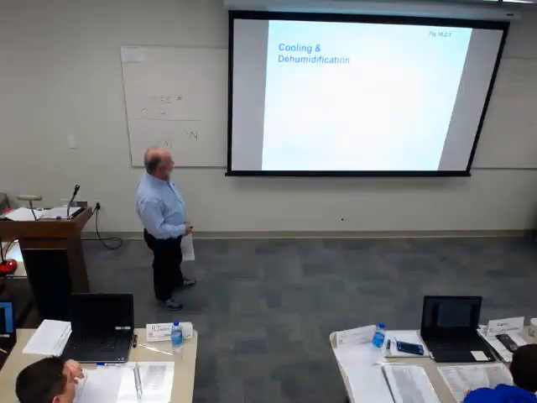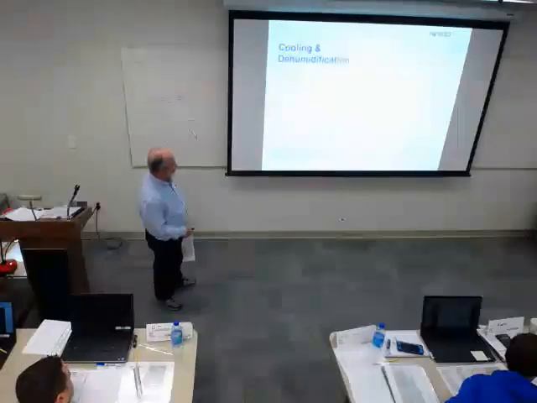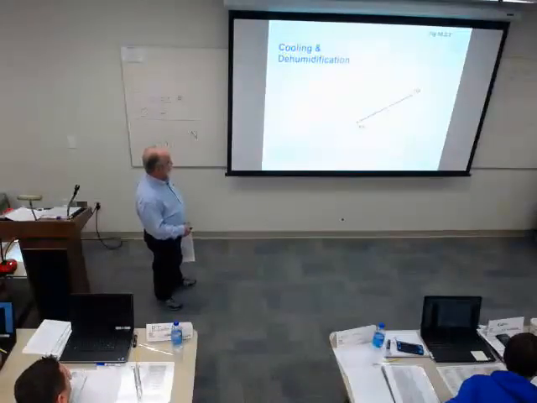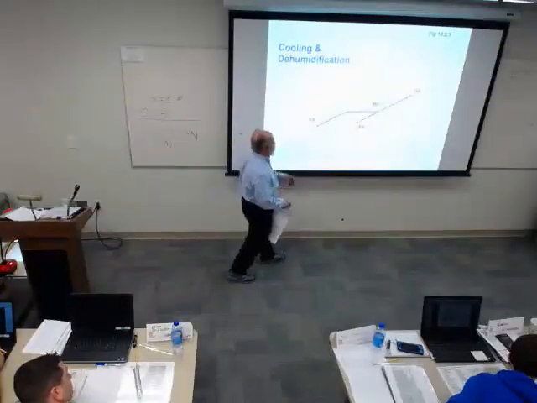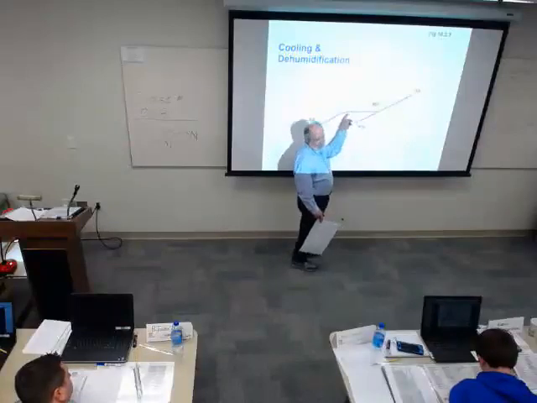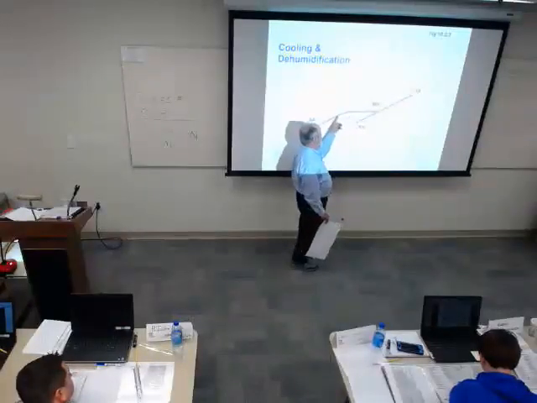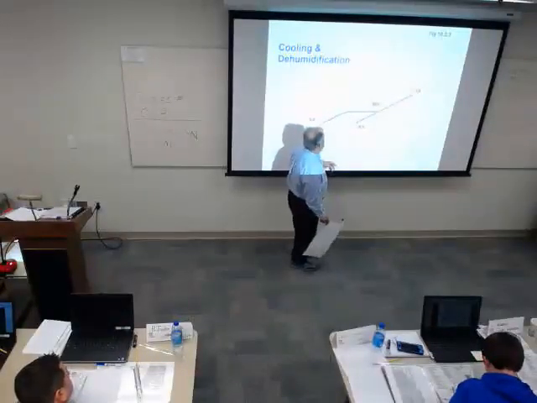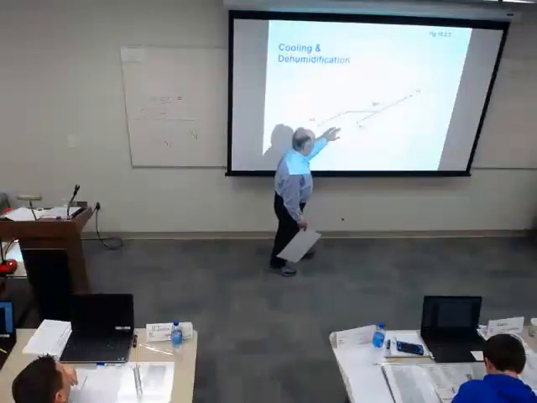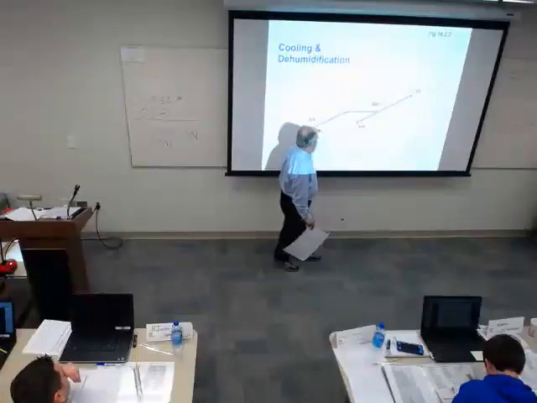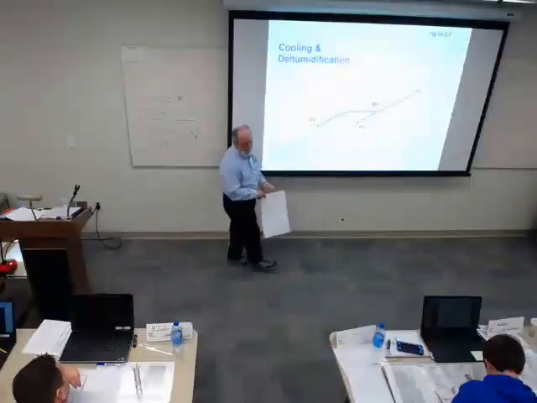So cooling and dehumidification, what does that look like? Well, there's our return air, there's our outside air, there's our mixed air. And you notice we cool, straight sensible cooling, until we get to a place where condensation in the coil starts, then it starts going down like that. So this area right here, we have so many grains of water. Down here, we have less grains of water.